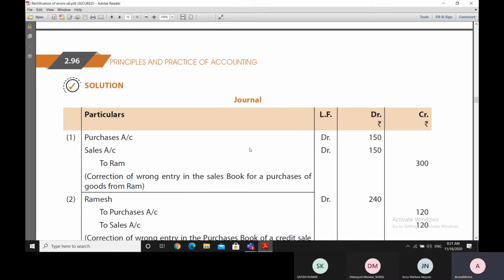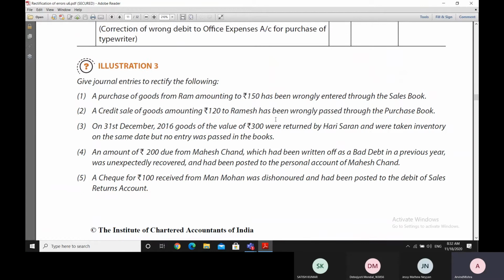And in this case, we are also debiting the sales account, because it has been treated as a sale rather than a purchase. It is not a clerical mistake; it has actually been assumed to be a sale.